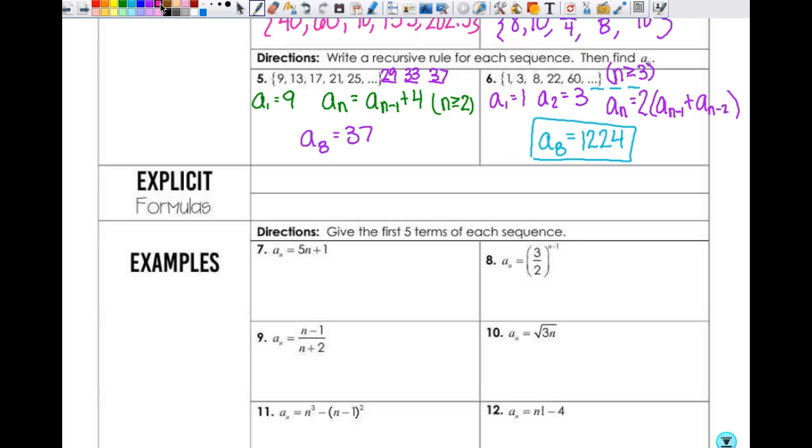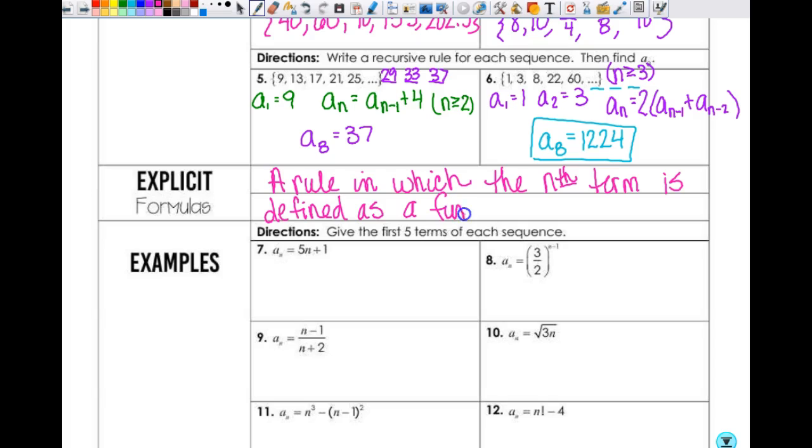So an explicit formula is a rule in which the nth term is defined as a function of n.